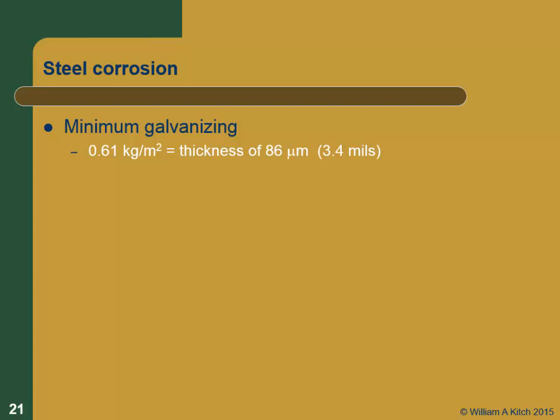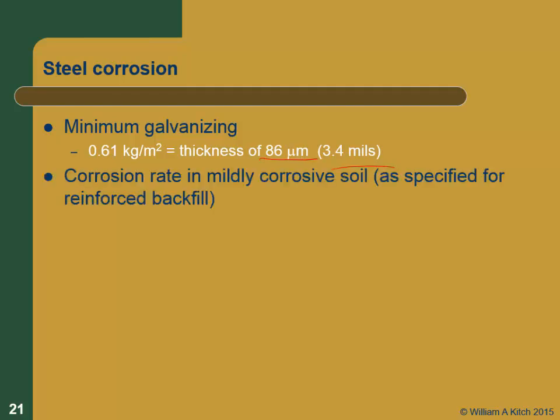In fact, it's almost always measured in SI units. This corresponds for most of our stuff to a thickness of about 86 microns or 3.6 mils. So in the mildly corrosive soils, and we know we're going to have mildly corrosive soils because we're going to specify that in the backfill.